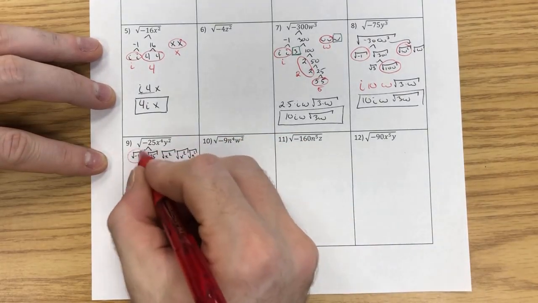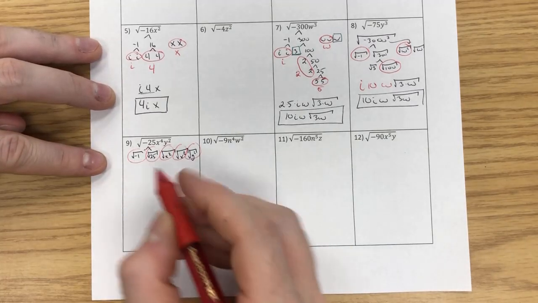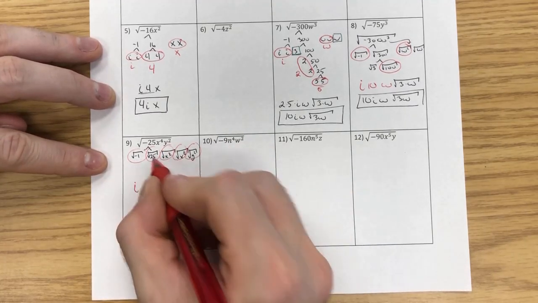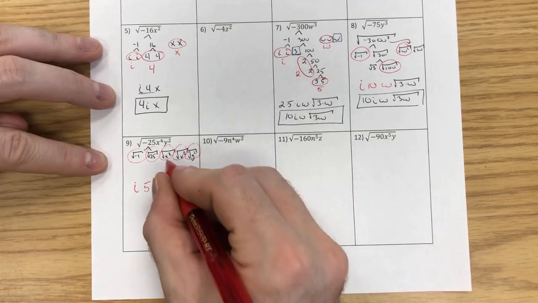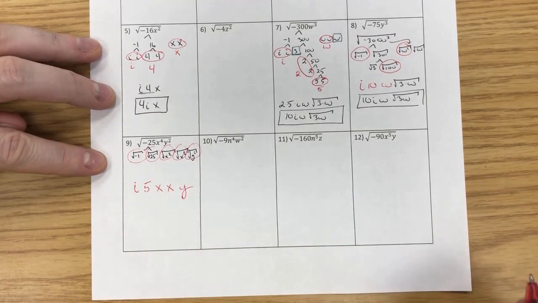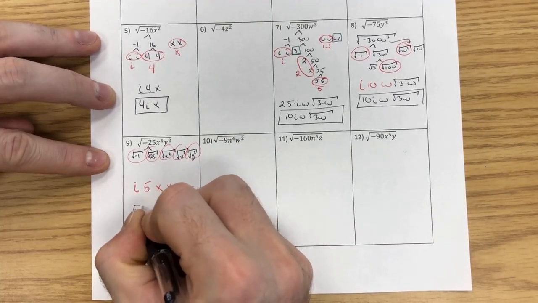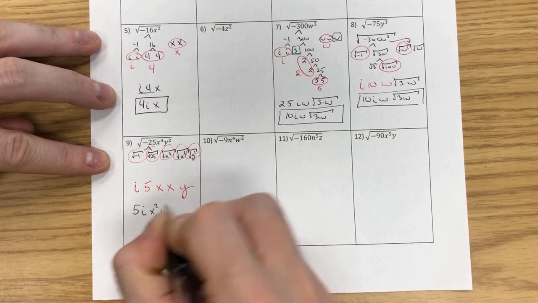All of which, 1, 2, 3, 4, and 5, I can root. Square root of -1 is I. Square root of 25 is 5. Square root of x squared is x, x, and y. If I reorganize that, I have a 5ix squared y.